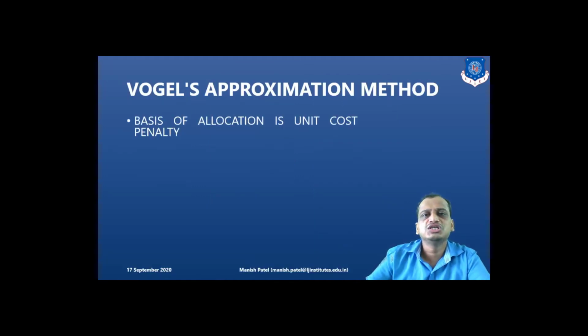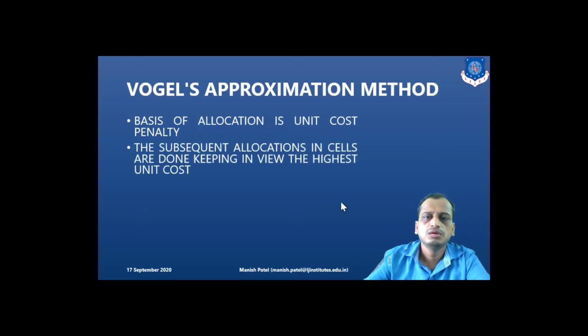So what is the general step? The first is we will allocate based on the penalty. Cost penalty we will give, and whatever the penalty is, we will allocate based on this penalty only. Subsequently, we will calculate the penalties one by one for each row and column in the given transportation matrix. Clear? And based on this penalty, we will allocate the units, the packages.